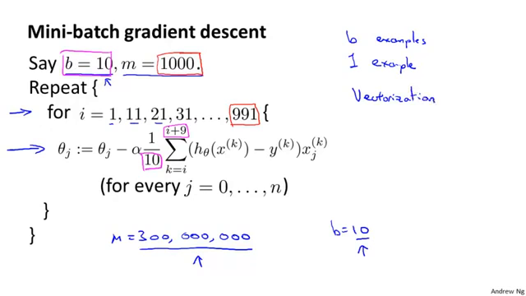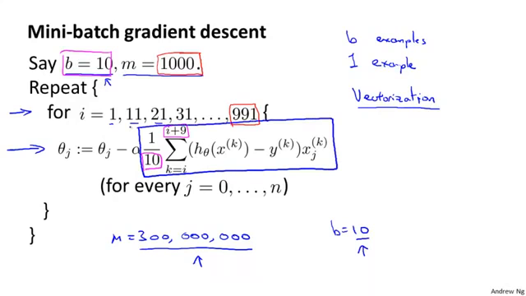In particular, mini batch gradient descent is likely to outperform stochastic gradient descent only if you have a good vectorized implementation. In that case, this sum over 10 examples can be performed in a more vectorized way, which will allow you to partially parallelize your computation over the 10 examples.